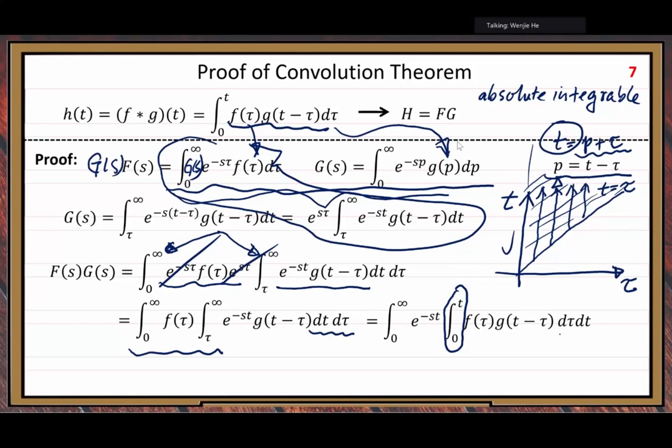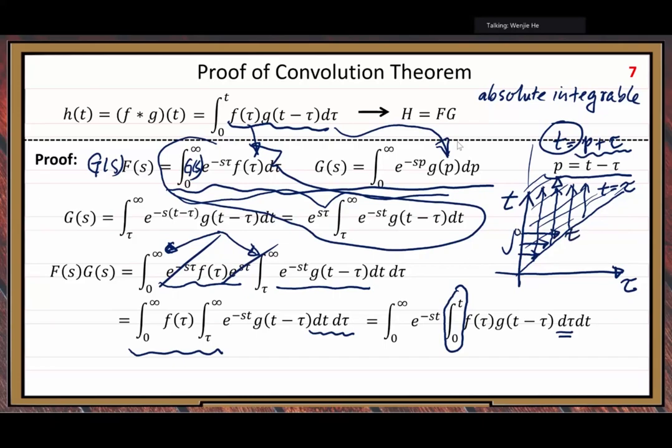But we do the inner integral using the tau variable first. So we look at the tau variable. It is the same triangle, but we look at the tau value changing from 0 to t, because we always start from 0, then we end at t.